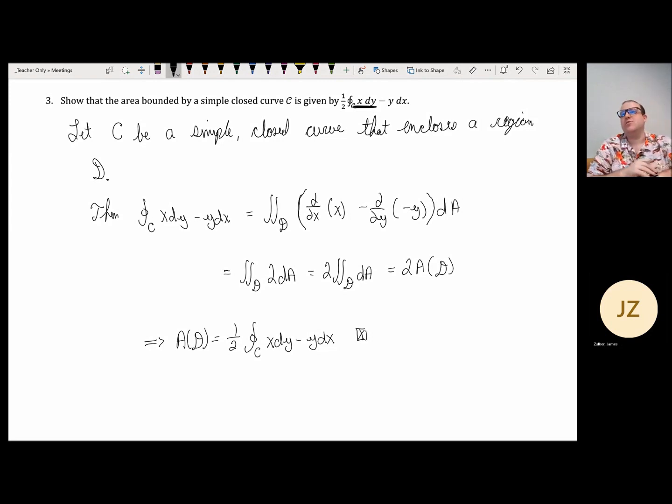You look at the differentials of a term in F1 and F2. Because I could write it in any order I want. And that's especially true when we get to Stokes' theorem and it's dx, dy, dz. I could write dz first, then dx, and then dy. And you just have to remember F1 is always attached to dx, F2 is always attached to dy, F3 will always be attached to dz.